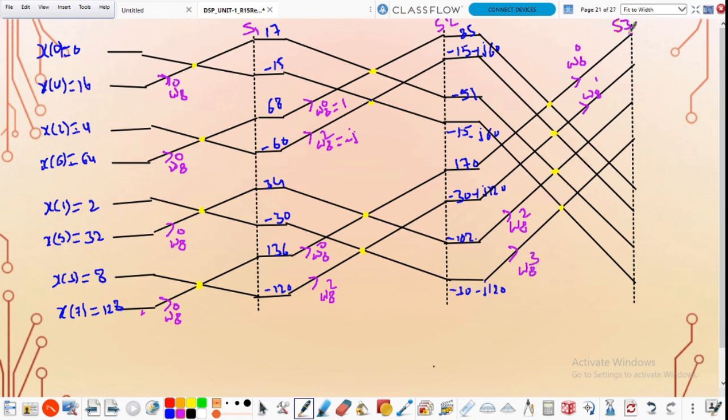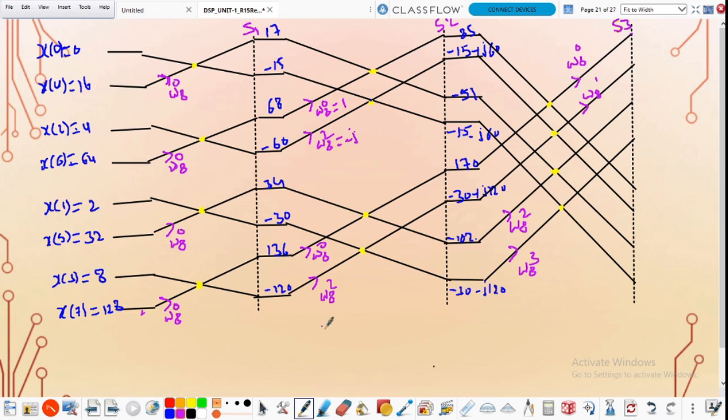Calculate the output values using the DIT butterfly diagram. So this node consists of 2 inputs and 2 outputs. This output can be determined as this input value plus this input value into the twiddle factor, and this output value is determined as this input value minus this input value into W8 power 0.